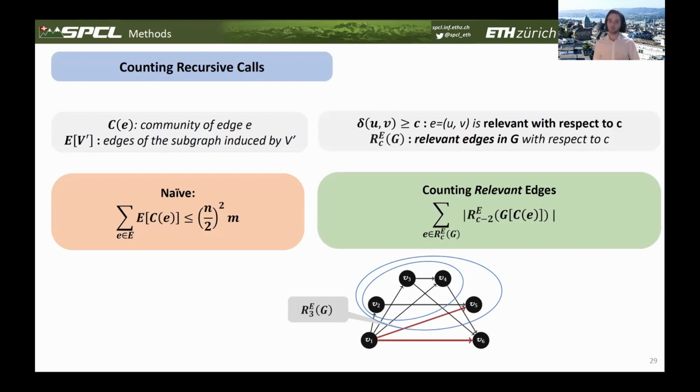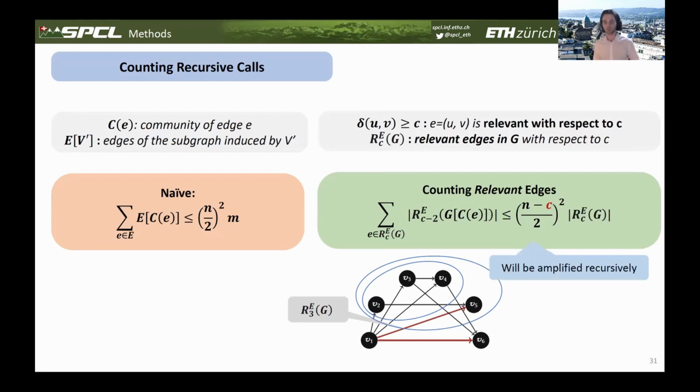And here we can show with some careful combinatorial analysis that this is now upper bounded by ((n minus C)/2)^2 times the number of relevant edges with respect to C in the current subgraph. And now this humble improvement of minus C in this quadratic term will be amplified recursively, because this was just one step. And so this is where we get the improvement that grows with k, just by bounding the improvement in one step. And then this will show up in all of the inductive proofs.